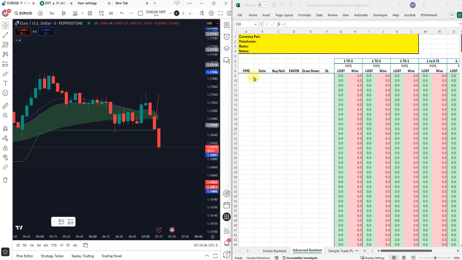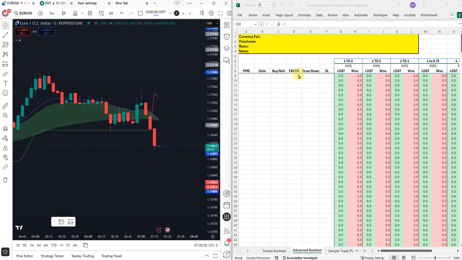What's been added is a drawdown and a favor column so that we'll be able to determine what the best ratio is on our risk to reward. It'll calculate those for us automatically as we put in our back-tested trades.